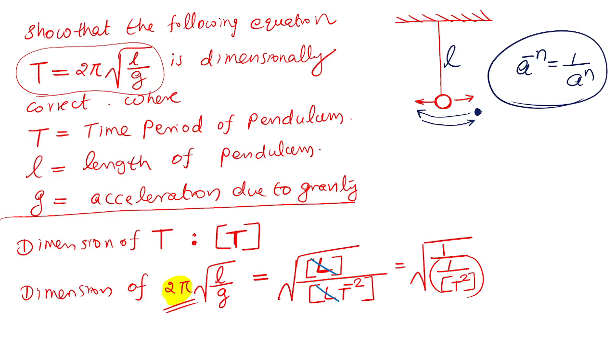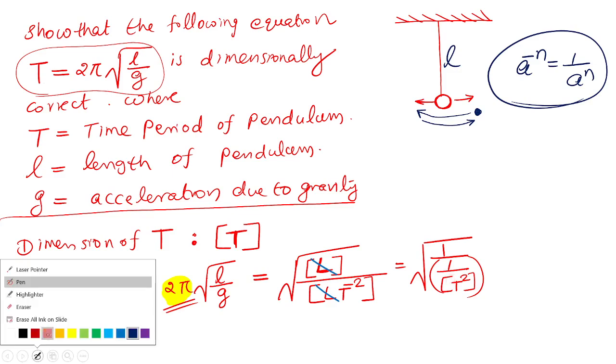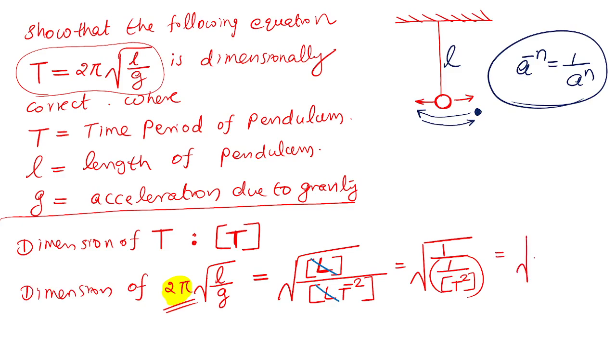Taking the reciprocal, 1 into T square by 1. Why? Because for division you have to multiply with the reciprocal. 1 cancelled. The square root of T square is T.